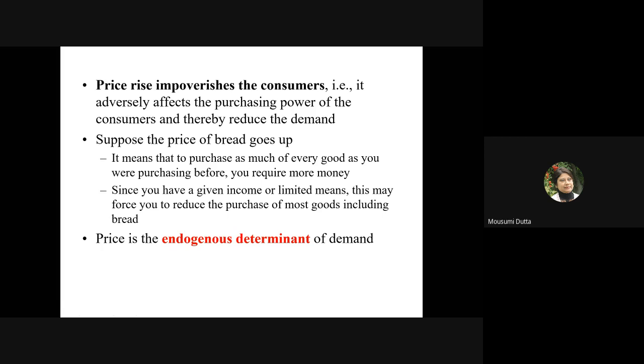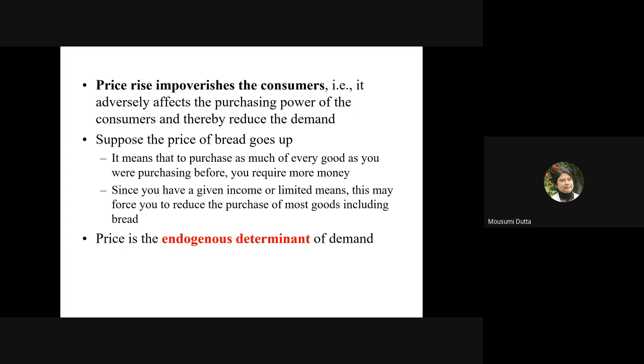So here I have introduced one concept, the idea of real income. In economics, parallel to the actual, we always mention what is the real thing.